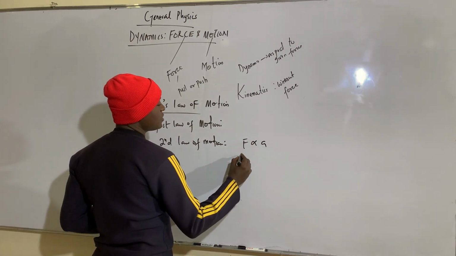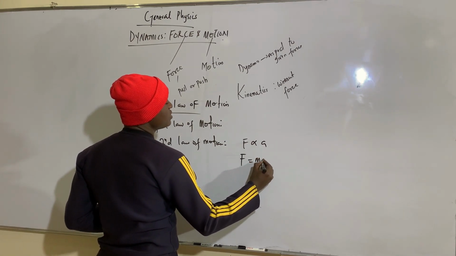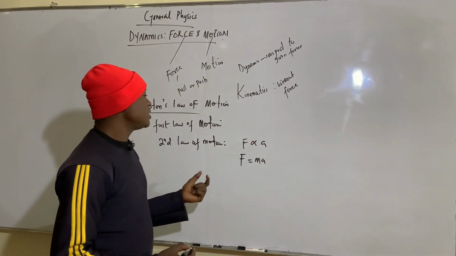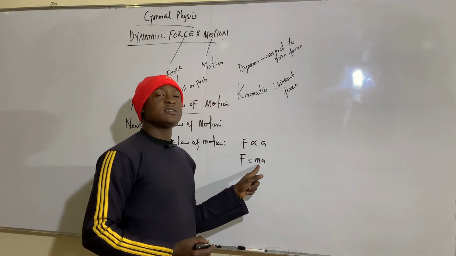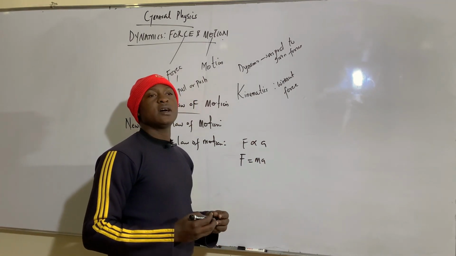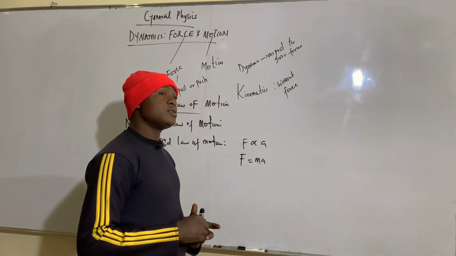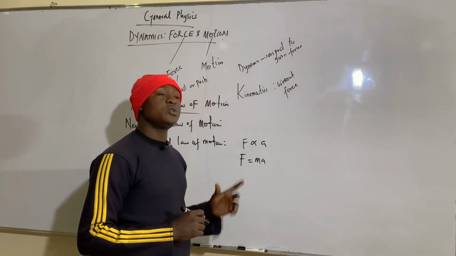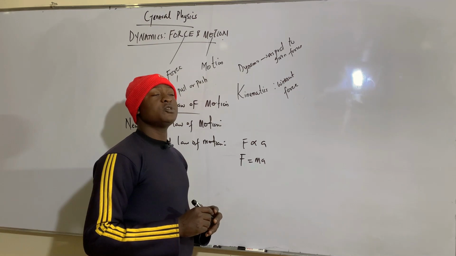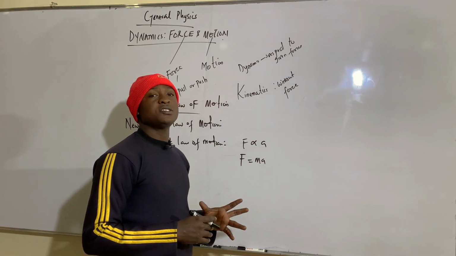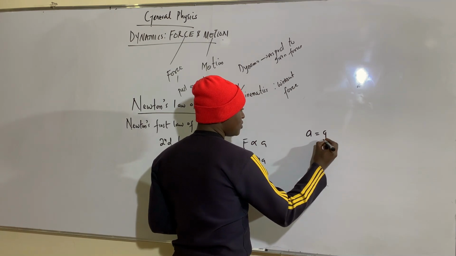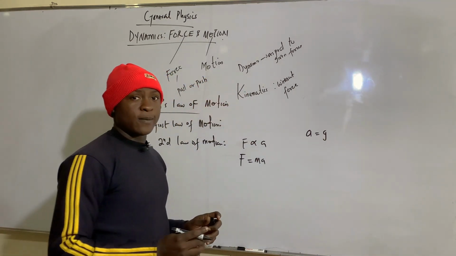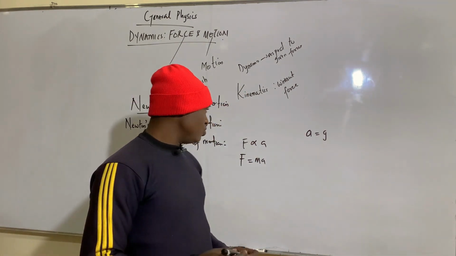So here we have F equals ma, which is also common, where F is force, m is the mass, and a is acceleration. It has two cases. In the previous video, we talked about the relation between acceleration and gravity. We said in physics, in some cases a is equal to g, where g is nothing but acceleration due to gravity.